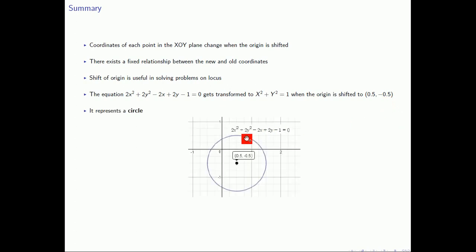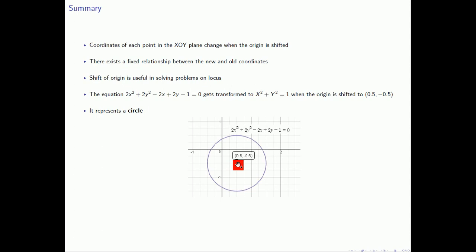Now this is the figure. This blue circle is represented by this equation 2x squared plus 2y squared minus 2x plus 2y minus 1 equal to 0. Now note that its center itself is (0.5, minus 0.5).